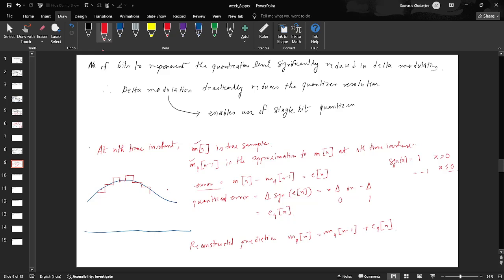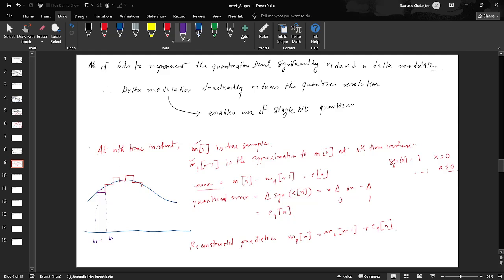So of course you would see this is your original signal and this is your staircase approximation. So what is happening here? By the way, let us spot the time instants. This is the nth time instant and this is the n minus 1th time instant.